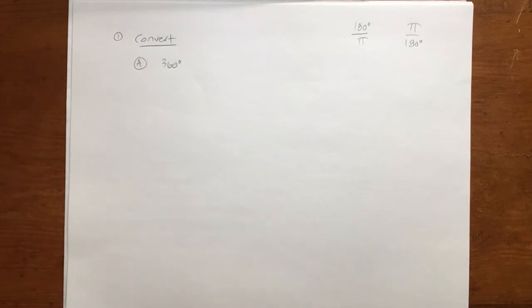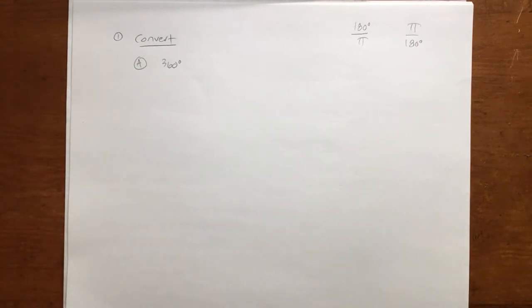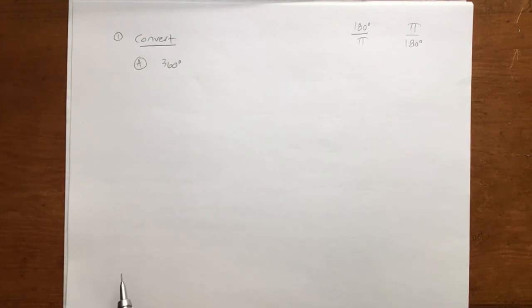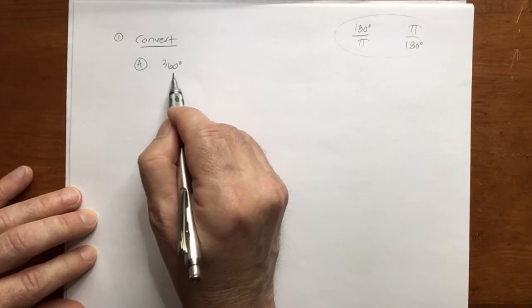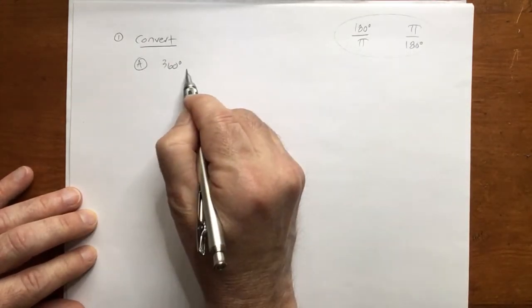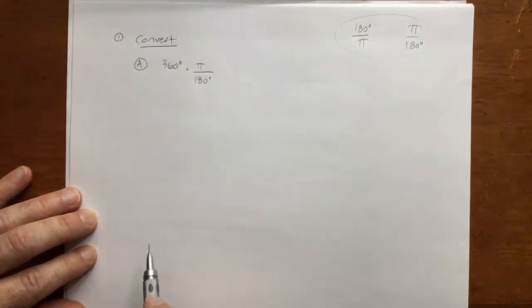And since it's a ratio, it's actually unitless, and we rarely will write radians after our measure, and you'll see as we're going why that is. Okay, so to convert from degrees to radians, I want the degrees to go away, so I'm going to multiply this by pi radians over 180 degrees.